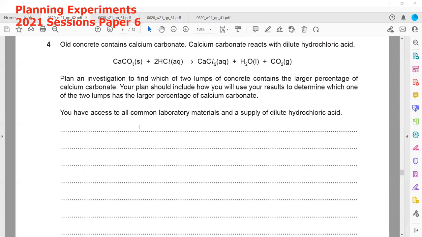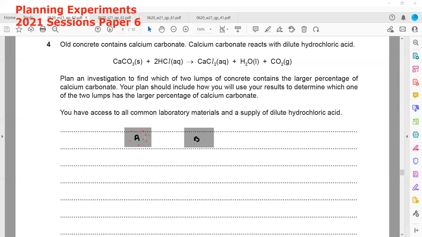So first, what we will do, we will take equal masses of the two lumps of concrete, for example A and B. As I mentioned, the lump of concrete contains calcium carbonate.